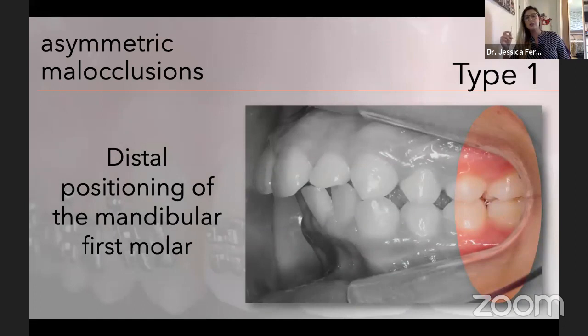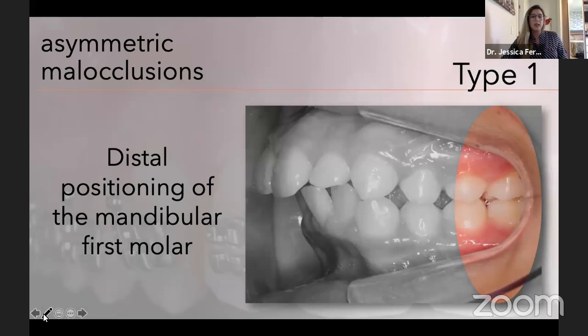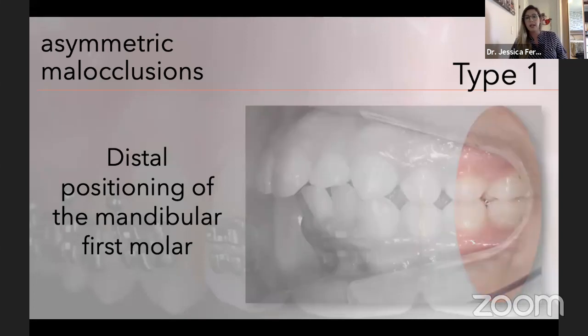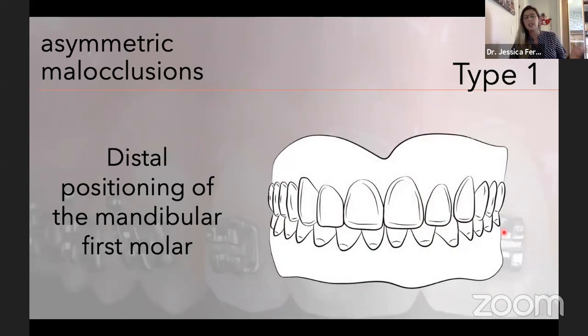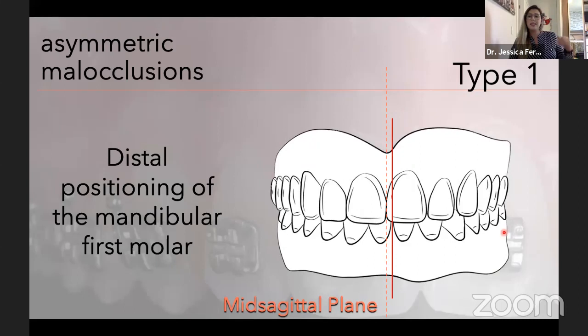The class 2 subdivision type 1 happens when we have the mandibular first molar more distally positioned. So when we have this distal positioning of the mandibular first molar, this will cause, as a consequence, the class 2 malocclusion at the side and also a dental midline deviation, the mandibular dental midline deviation.